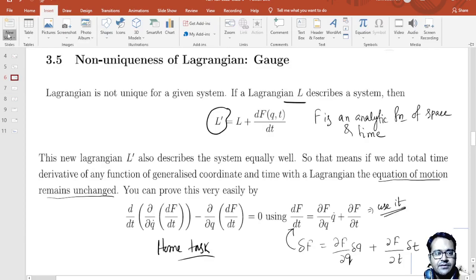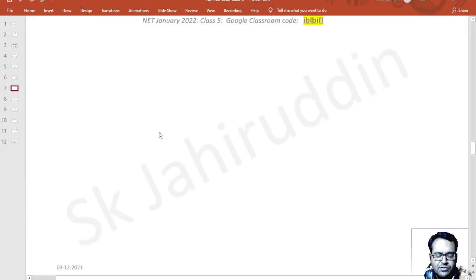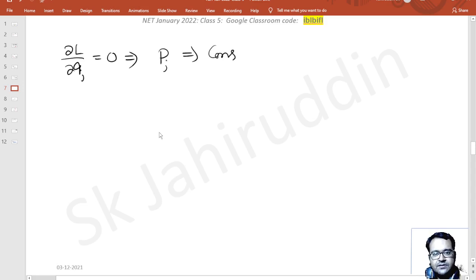Now I will discuss a little bit more about the philosophical aspect. So Lagrangian has a philosophical aspect also. As we have shown, if ∂L/∂q_j is zero for a particular coordinate j, then p_j is constant.